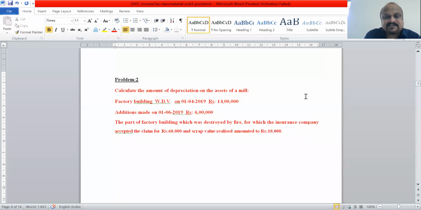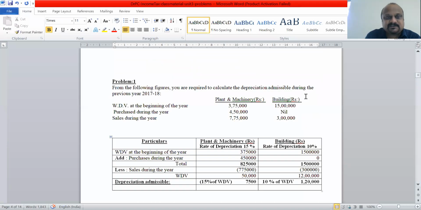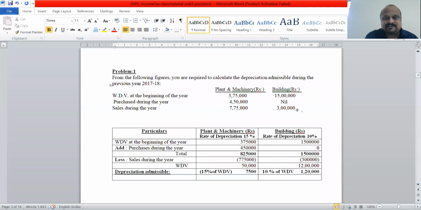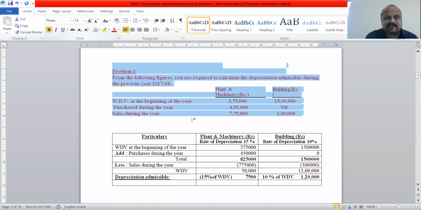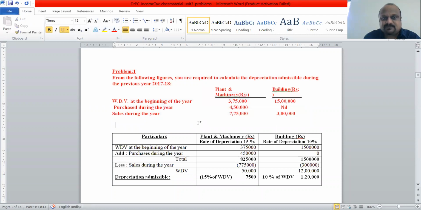Yesterday's problem was this: we calculated the depreciation for different blocks of assets. One block was plant and machinery, for which we used 15% as the rate of depreciation, and another block was building, other than residential buildings, for which the applicable rate is 10%.